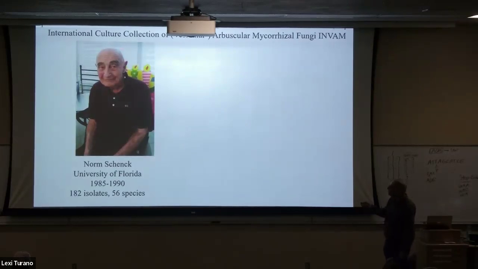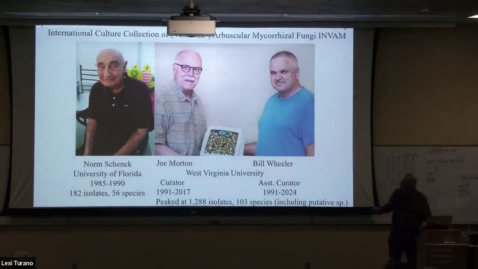So the International Culture Collection of arbuscular mycorrhizal fungi was started in 1985 by Norm Schenk at the University of Florida. He built the collection up to 182 isolates with 56 species. And then Joe Morton at West Virginia University, with Bill Wheeler helping him, built the collection up to 1,200 isolates and 103 species. That was Joe's estimate.